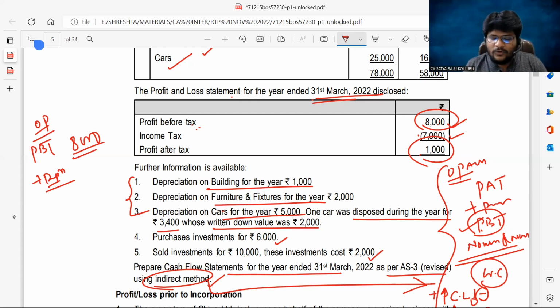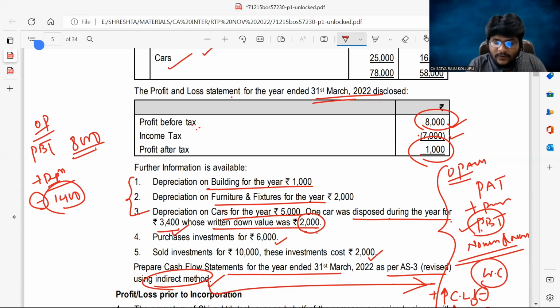One car was sold, right? One car was disposed during the year for 3,400, whose written down value was 2,000. The car costing 2,000 was sold at 3,400, which means a 1,400 profit. Such 1,400 profit was included here. Now you need to reduce it as non-operating income.